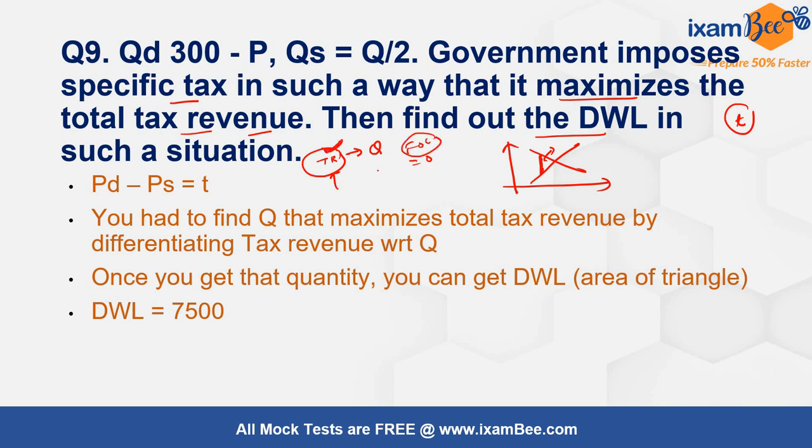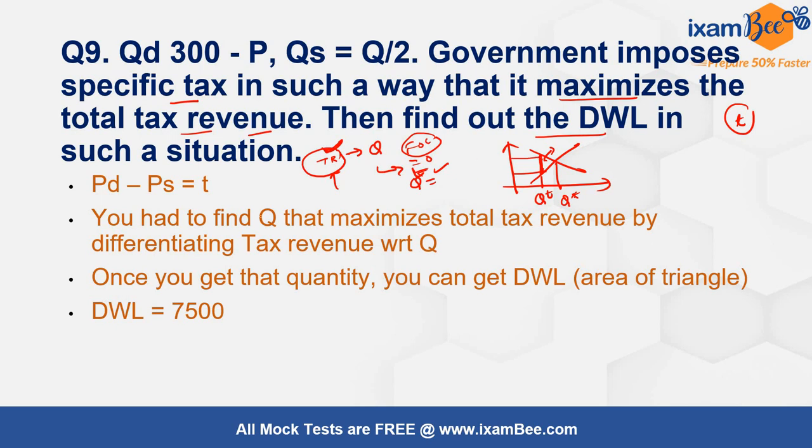And when you equate that equation to 0, you will get the quantity that maximizes your tax revenue. So this would give you the equilibrium quantity when there is no tax, and what you get after maximization will be the quantity that maximizes the total tax revenue. Now once you have this quantity, you can find out these 2 points after plugging in the demand and supply functions.